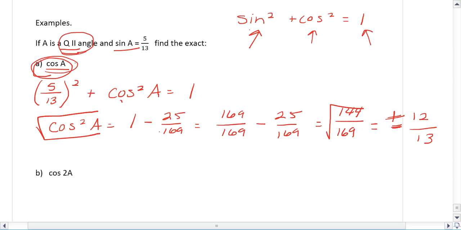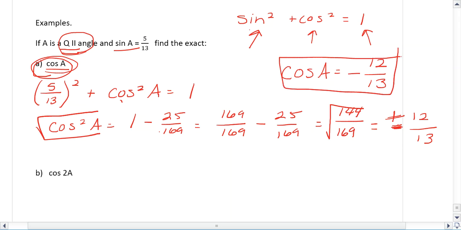So if we look at any angle in quadrant 2, we notice that the x or the cosine is negative. So you have to select then that the cosine of A is the negative value of this fraction. So it's negative 12/13. So that becomes my final answer. And again, we knew that because we were told it's a quadrant 2 angle.